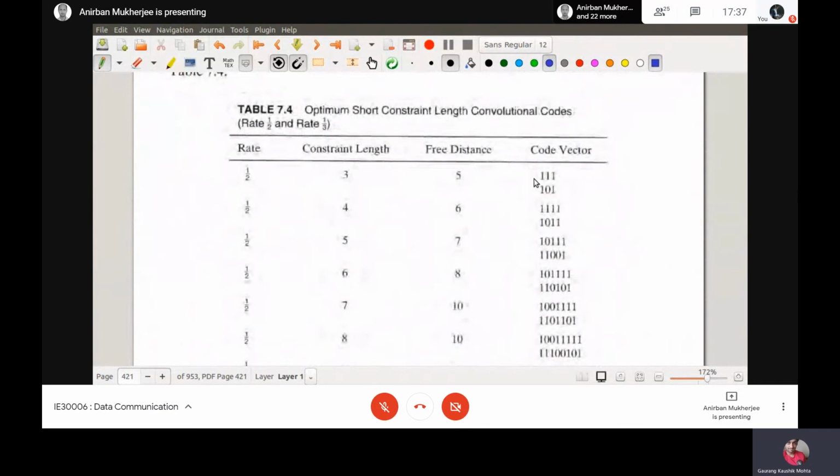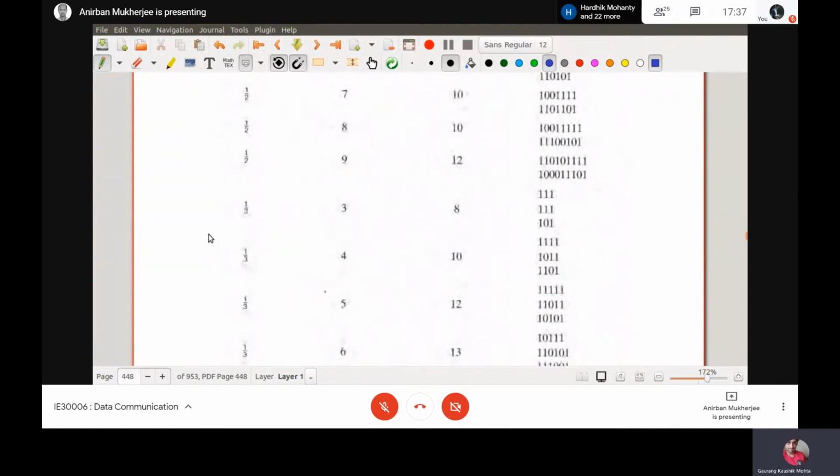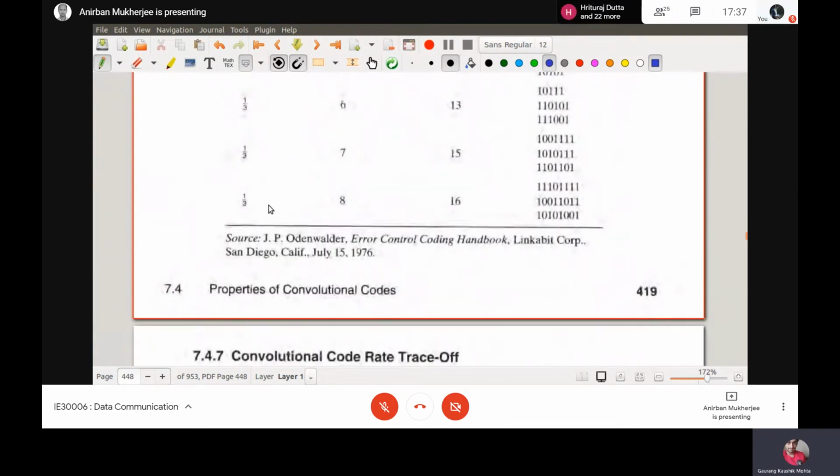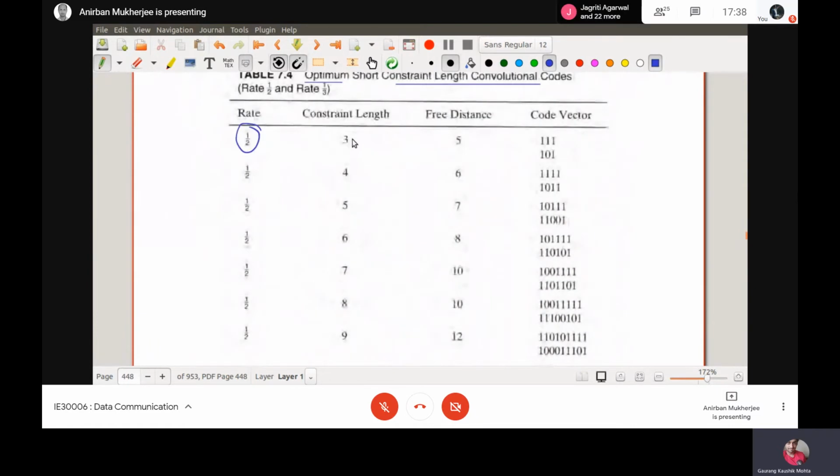There are standard optimum short constraint length convolutional codes. Most of the codes are rate half, and there are also rate 1/3 codes, with certain constraint lengths like 3, 7, 8, and the code vector is also given.